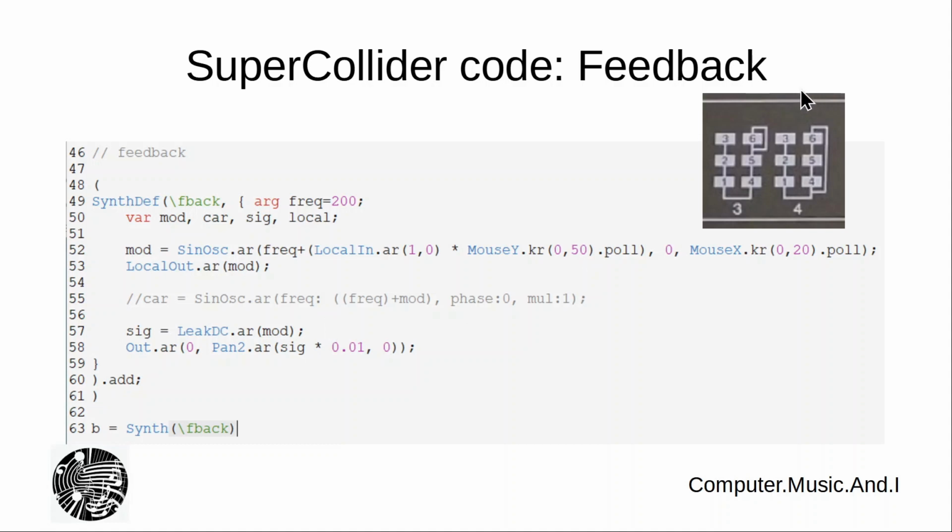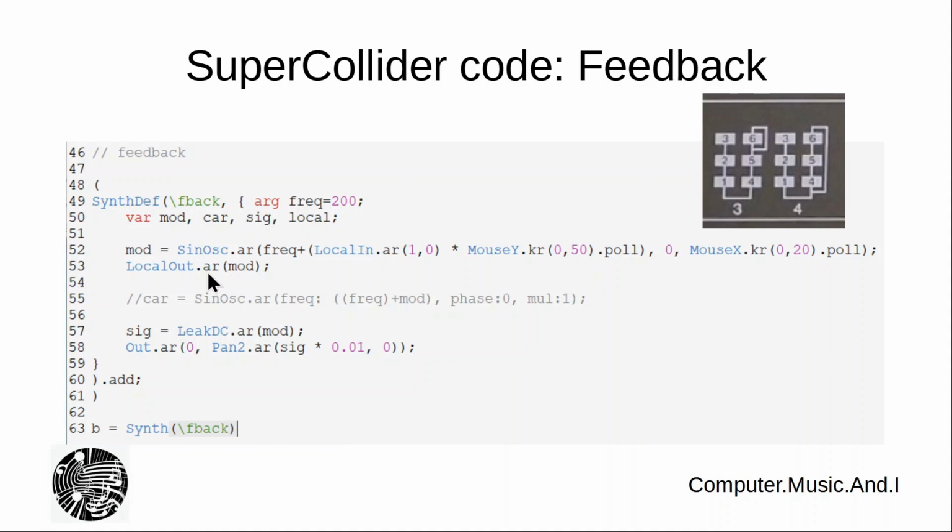So the way of really doing these kind of feedbacks is to use a so-called local bus, and we've got two UGens that are referring to the local bus, and the one is LocalIn and the one is LocalOut. And LocalIn basically says, okay, use the signal that you are currently using here, so do a feedback, do a loop, and with LocalOut you basically define this is going to be the signal that can be fed back into ourselves.